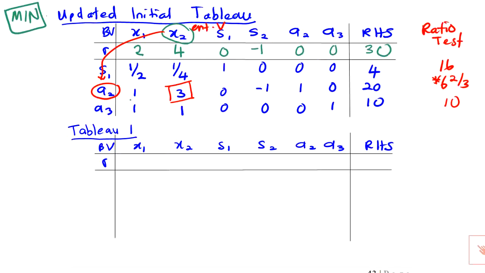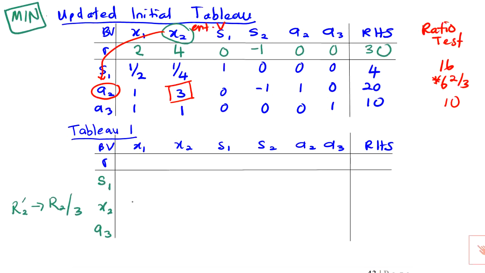Alright, so in tableau 1, the new BVs are S1, X2 and A3. So row 2 new is row 2 over 3.